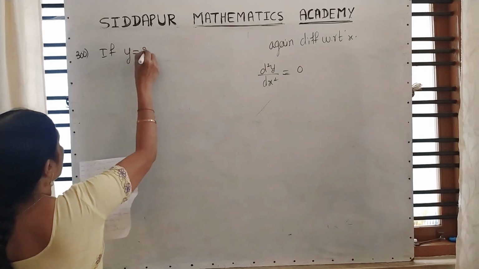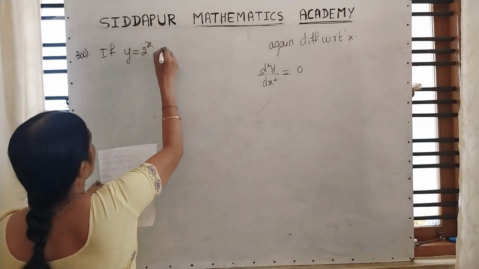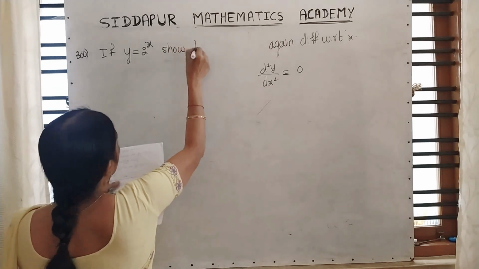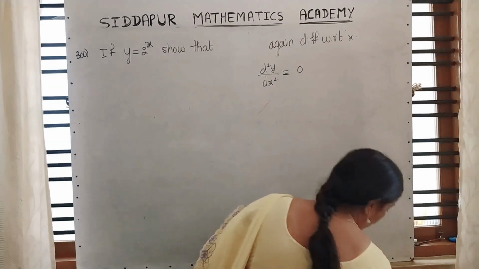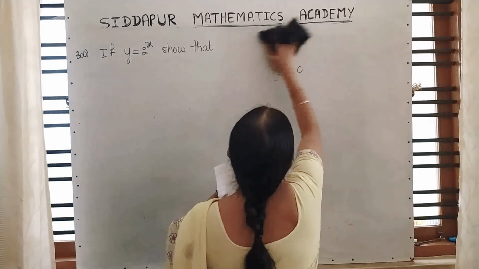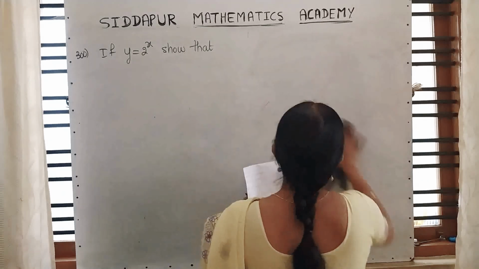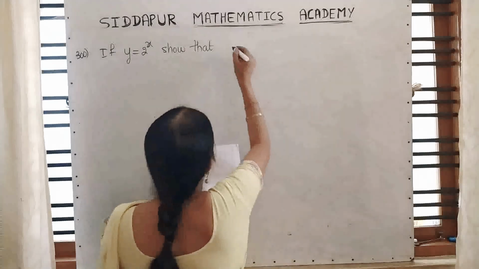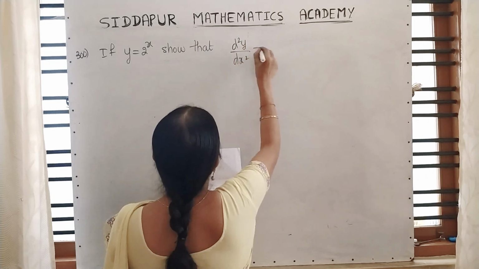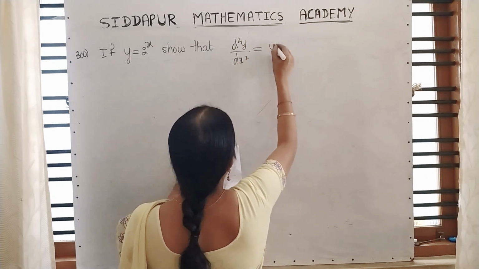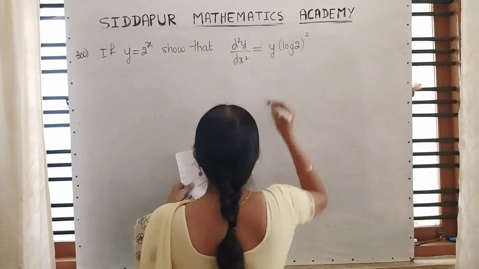If y is equal to 2 raised to x, show that d square y upon dx square is equal to y into log 2 whole square.